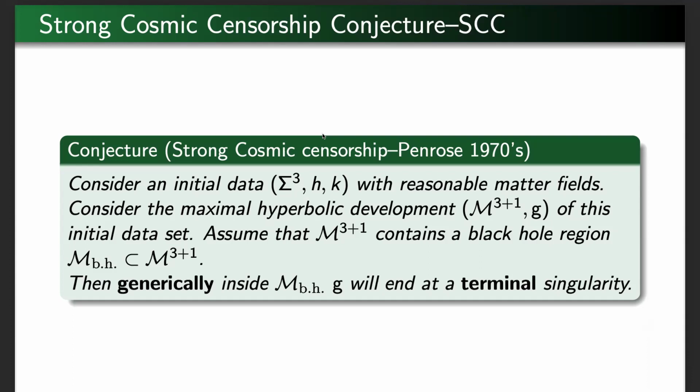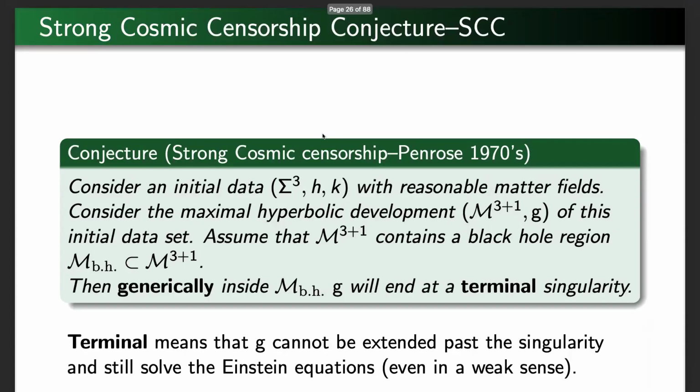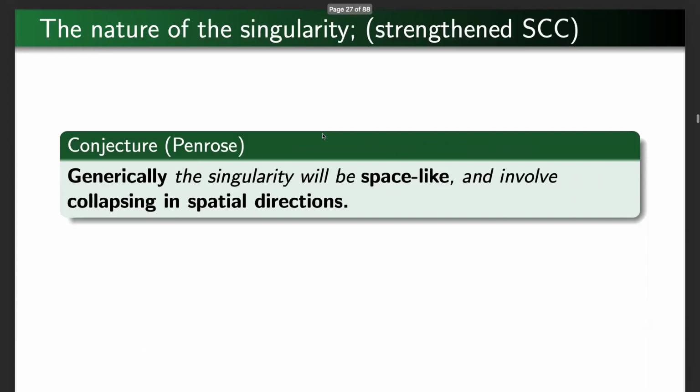So he was putting emphasis on this desire that it's a deterministic theory, so it must terminate at a real, terminal singularity. The nature of what the singularity should look like, how the metric behaves upon approach to the singularity, is left open.